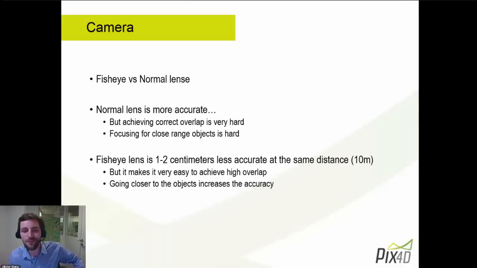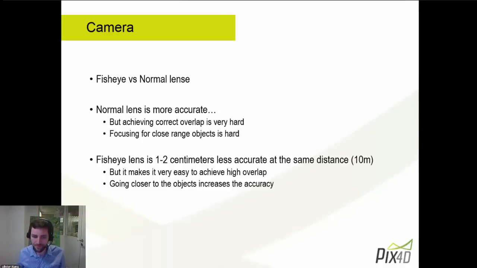So why fisheye lens? Well, normally you would not use fisheye lens. In most of the cases, your cameras are equipped with normal lenses. And it makes sense because that's where you have the least amount of distortion and you have actually higher centimeters per pixel. So indeed, and this is true, a normal lens, so I don't know, anything from 22 to 50 millimeters, is more accurate than a fisheye lens.